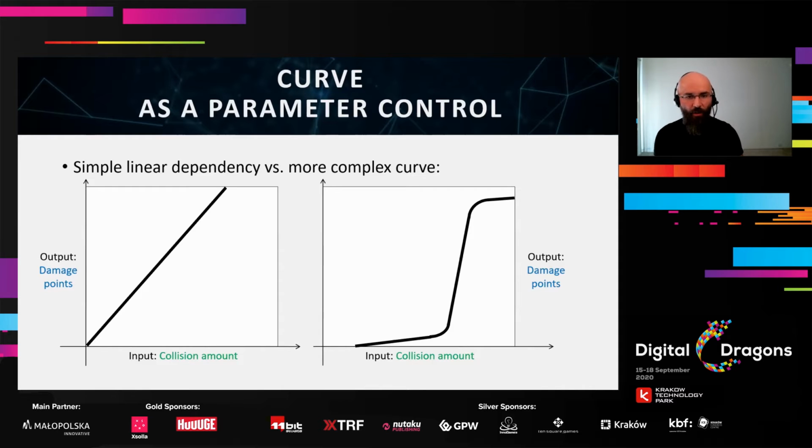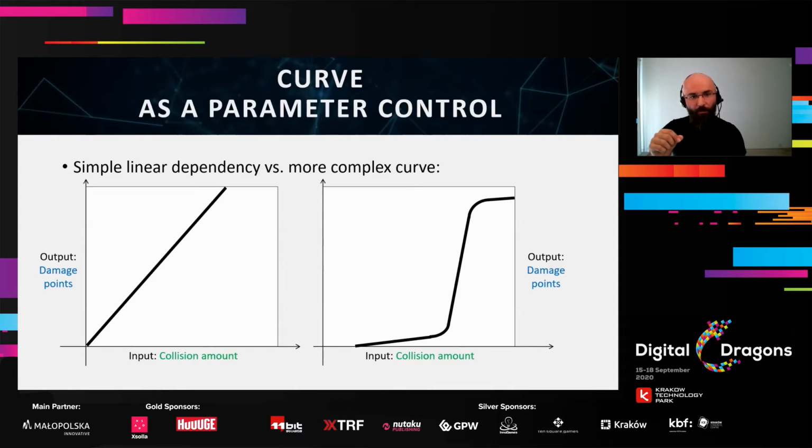So for some collision amount, I don't want to apply any damage points at all. Then at some point, I want to start applying damage points, but very slowly. I still don't want to punish the player too much. But then at some point when collision amounts are really high, I want to punish the player more, because I want to say to him, this was something bad, you shouldn't do it anymore, unless you want to break your vehicle.